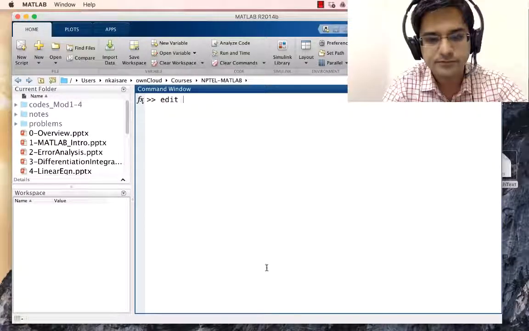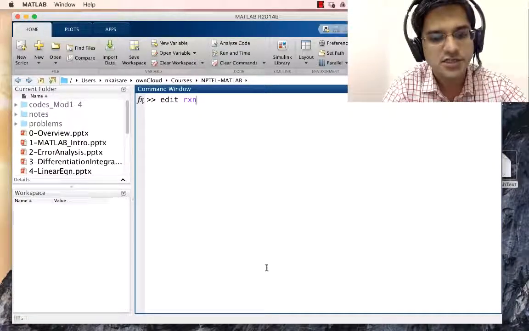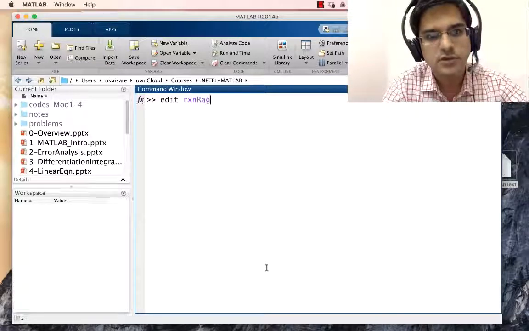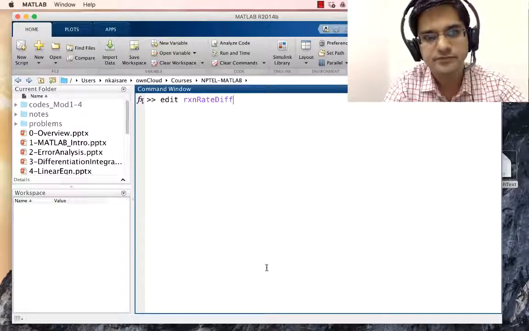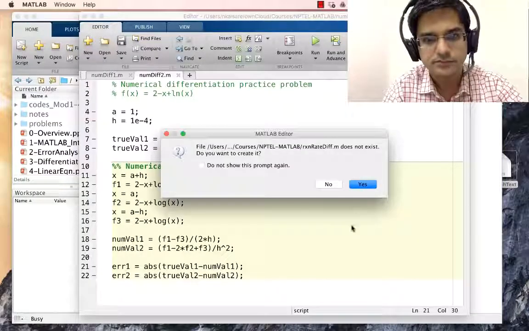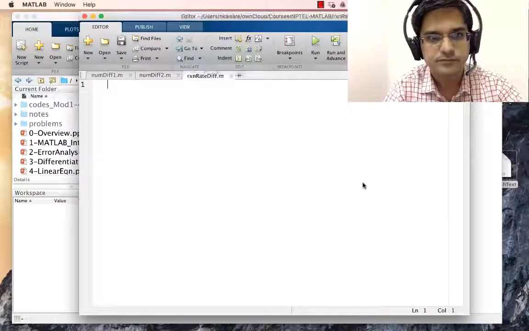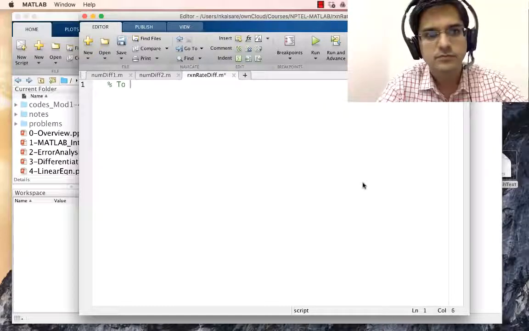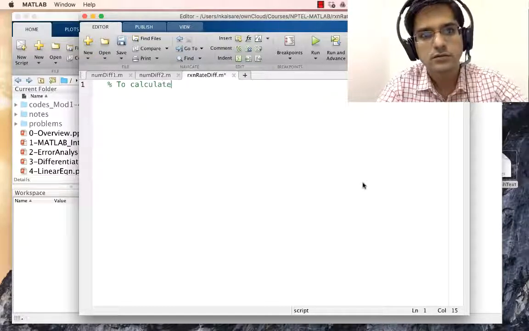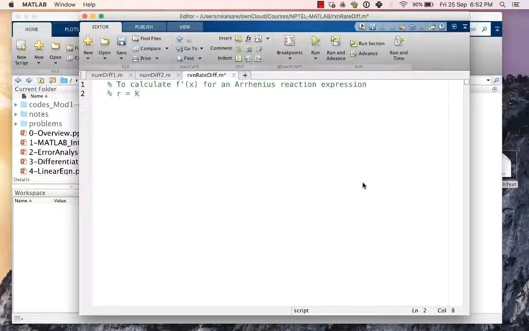Edit, reaction, rate, differentiation. R equal to K multiplied by e to the power minus E by RT multiplied by c to the power 1.25.